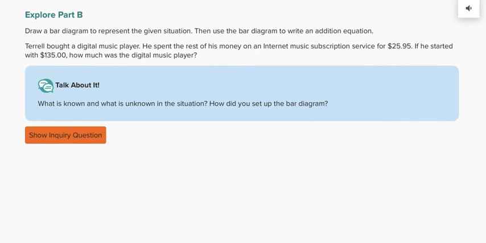Remember, you have to draw a bar diagram to represent the given situation. Then, use the bar diagram to write an addition equation. Do not forget, you must be guided with what is known and what is unknown in the situation. And make sure that you can explain how you set up the bar diagram.